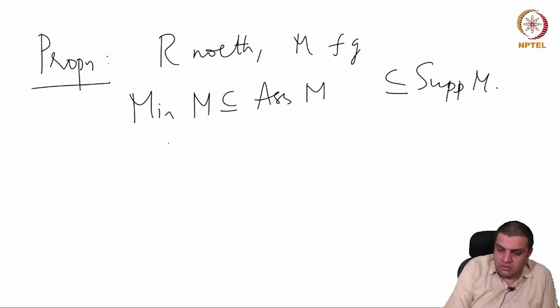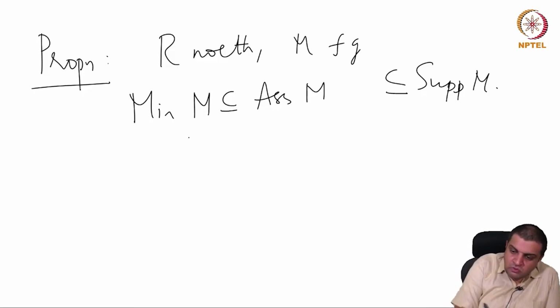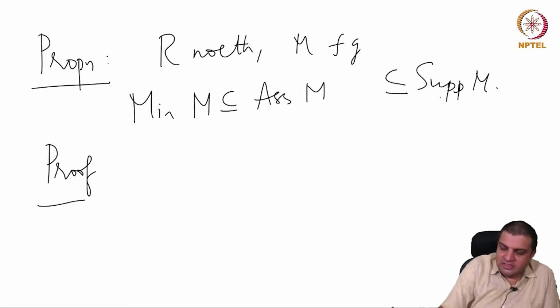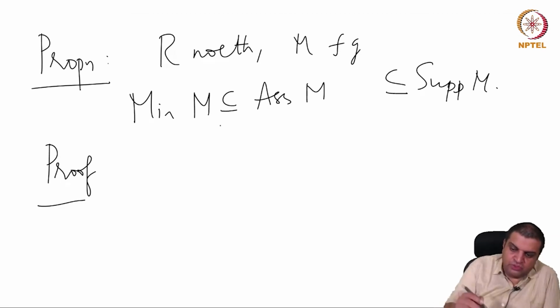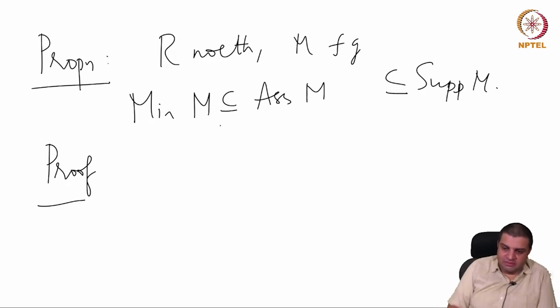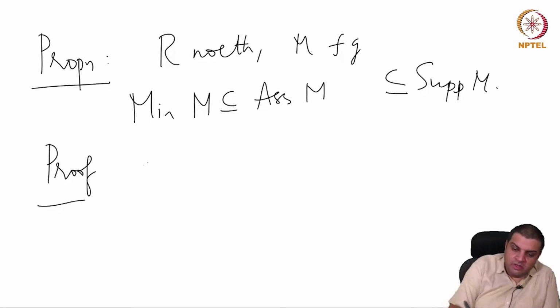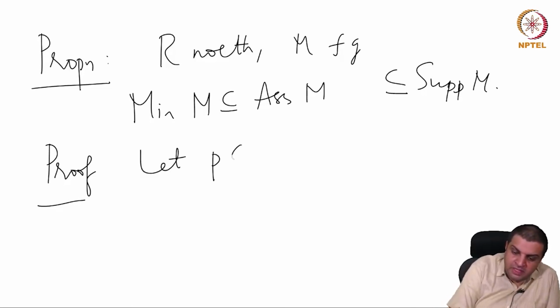So why? So let's prove these things. So minimal inside support is by definition, these are the minimal elements of that. What we want to show is that minimal primes are associated to M. Okay. So let P be a minimal prime.